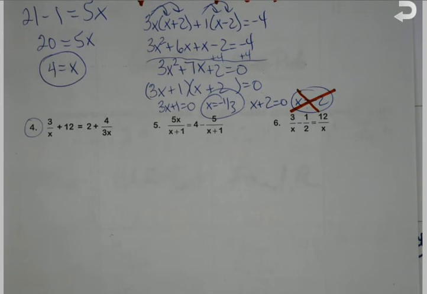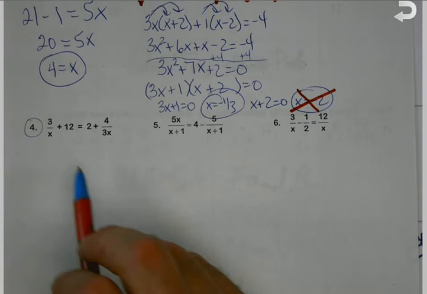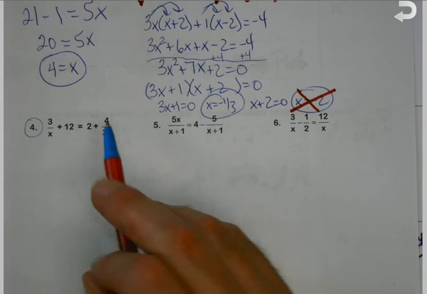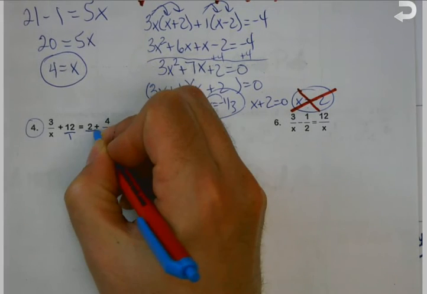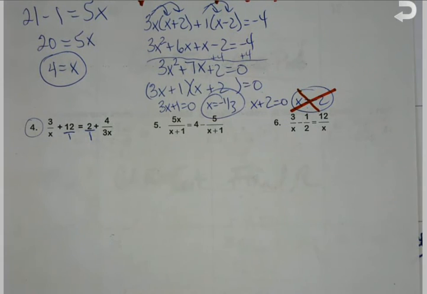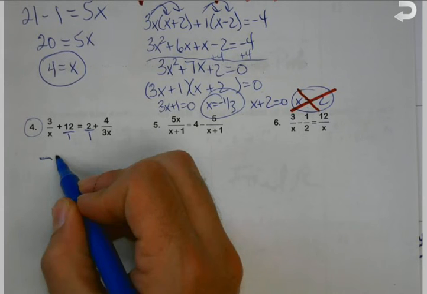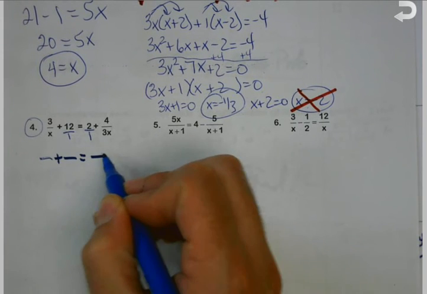Okay, we're going to move down to number 4. Now we're getting into a different issue here. We look and we're like, well, some of these are fractions and some of them aren't. Always look upon something that's not a fraction by putting it over 1. And then go ahead again and start building your fractions.